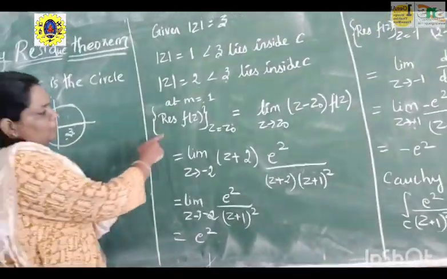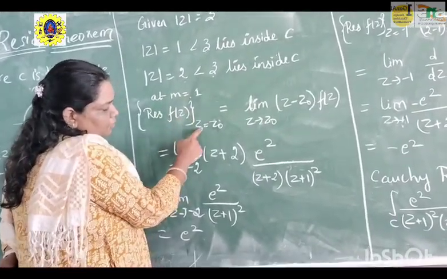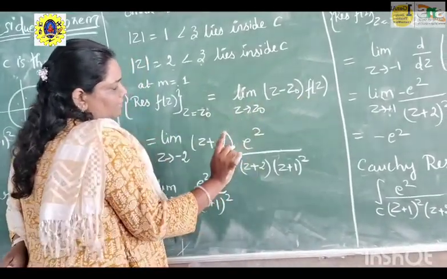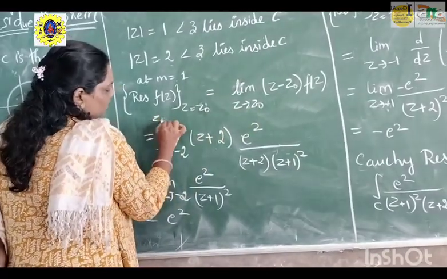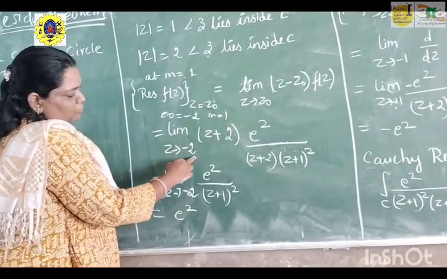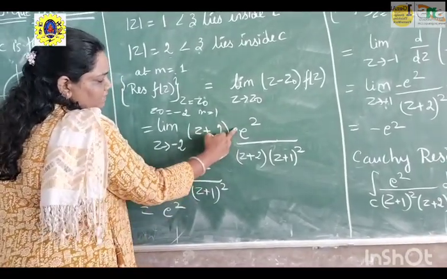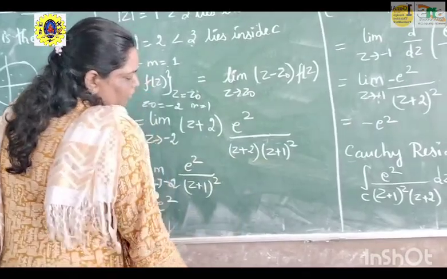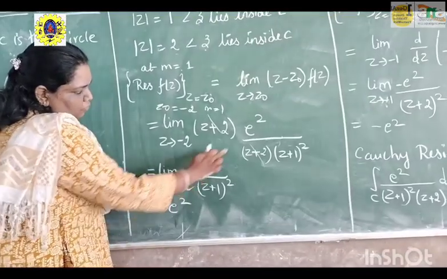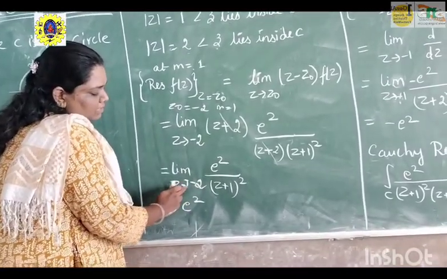The formula for m equal to 1 is: residue of f(z) at z0 equals the limit as z tends to z0 of (z minus z0) times f(z). So the limit as z tends to minus 2 of (z+2) times e^(2z) / ((z+2)(z+1)^2). The (z+2) terms cancel, leaving the limit as z tends to minus 2 of e^(2z) divided by (z+1)^2.